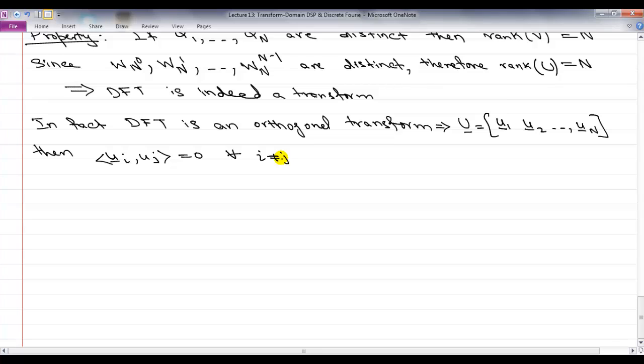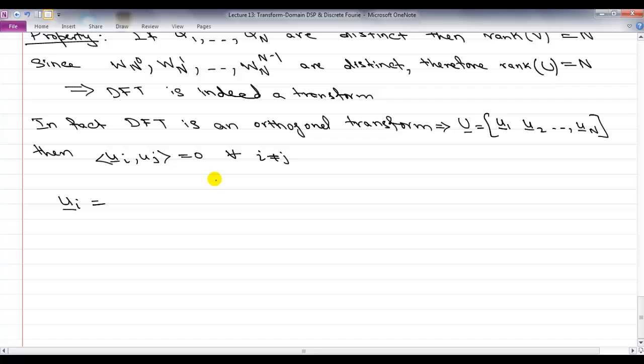And proving that is very easy. So let's look at what is the definition of Ui. If you want to remember what the columns of the DFT matrix look like, they are just geometric progressions, all the powers of Wn to some integer.